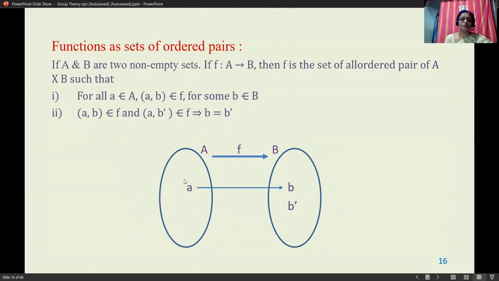If the result is true for an arbitrary element, it must be true for every element of A. Since f is a mapping, every element of A is considered. So let us consider it for an arbitrary element and say afterwards that it is true for all. So for an arbitrary element a of A, the ordered pair (a, b) belongs to f, meaning a is associated with b.